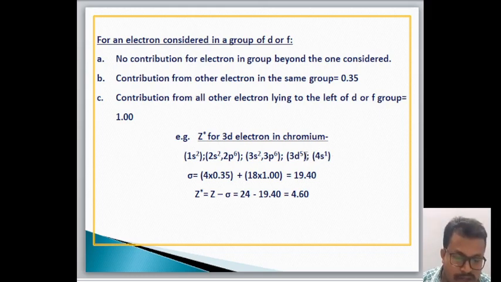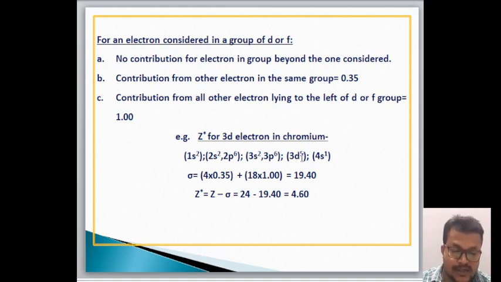We will only consider the electrons present in this group, then the groups present on the left-hand side of this particular group. Here 5 electrons are present, so the contribution will be 0.35. Similarly, we need not consider that particular electron for which we are going to find out the effective nuclear charge or screening constant.